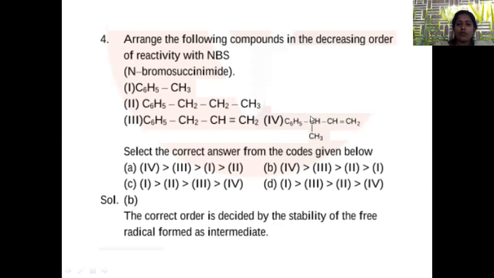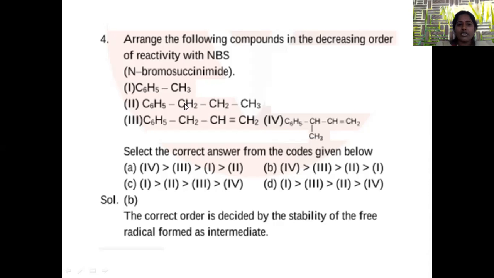So option 4 will be more reactive towards NBS, followed by the third, which is also an allylic position, where we have a carbon adjacent to the double bond. This is an allylic carbon, but a secondary one comparatively, so it is somewhat less reactive. After 4 we get 3. Next are these two. There is no allylic position, but we can still perform this bromination by NBS.